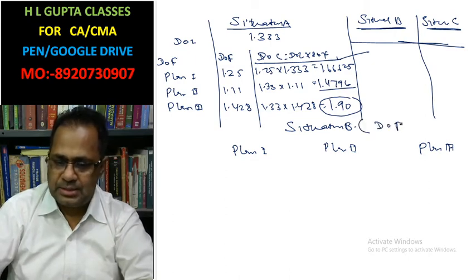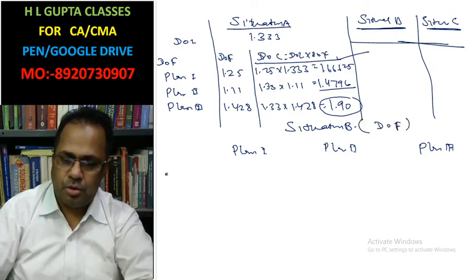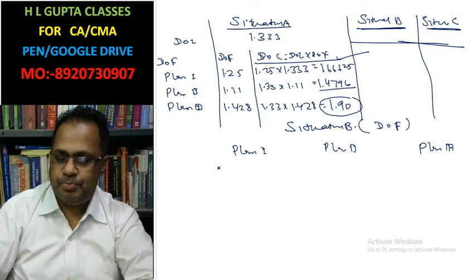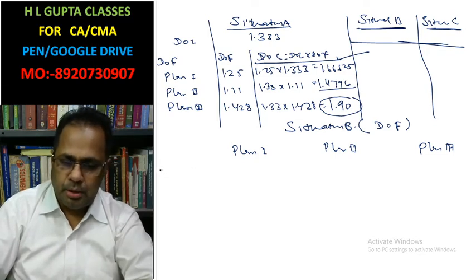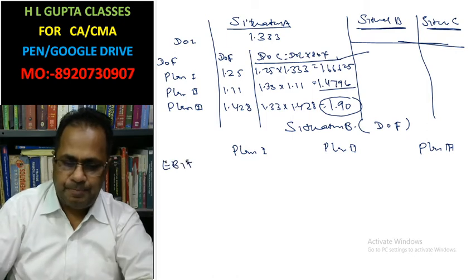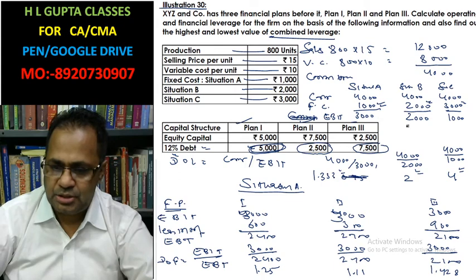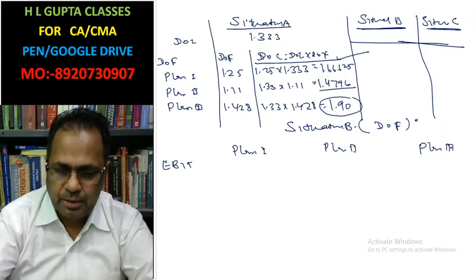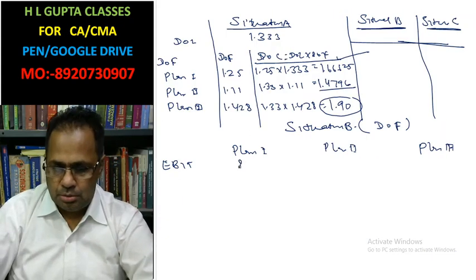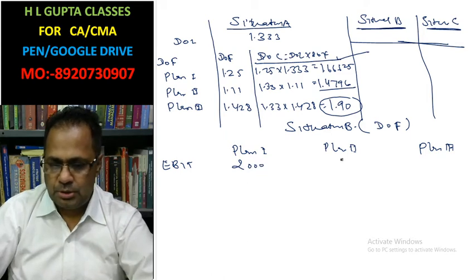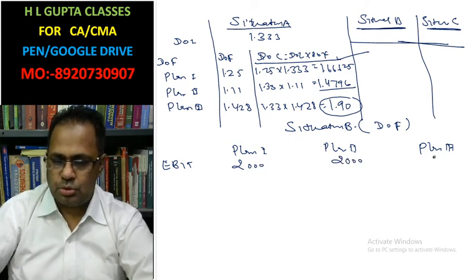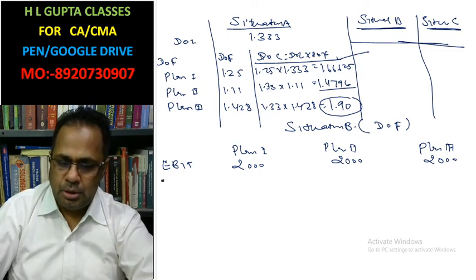The degree of financial leverage you have to calculate. EBIT for situation B is 2000, 2000, 2000.